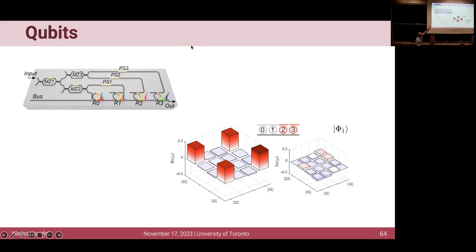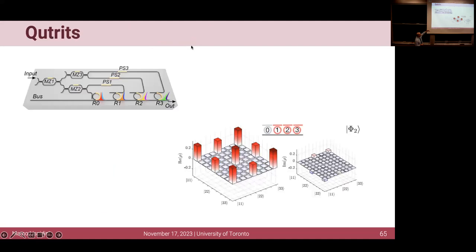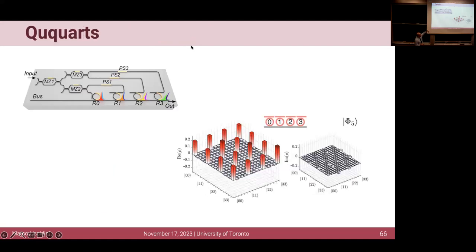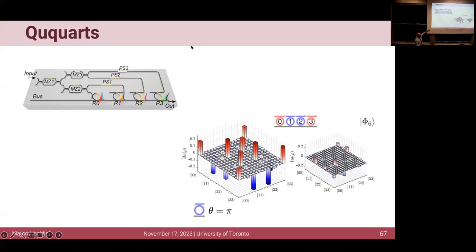So with the same structure, we can generate, of course, qubits. We can generate Q-trits. You can generate Q-quarts, and we can also change the phases of the superposition with a certain freedom. It's not universal, but with a certain freedom. Okay. So this is just to tell you that it's a scalable approach. We are planning to do even more of these frequency bins.